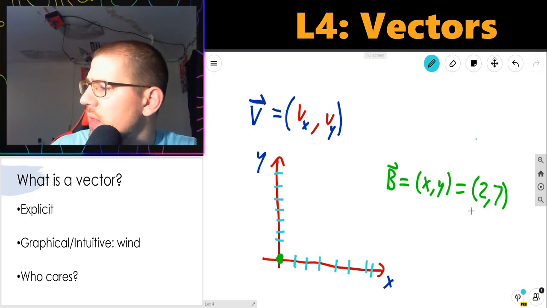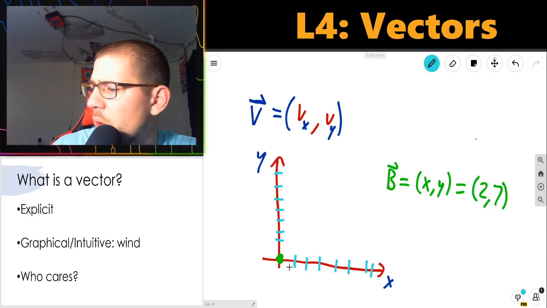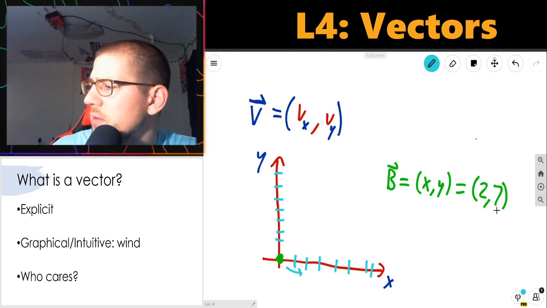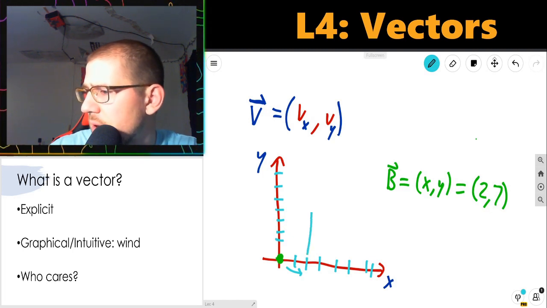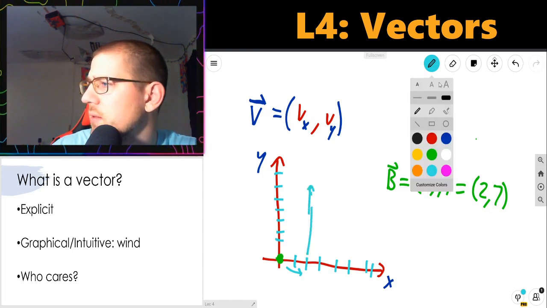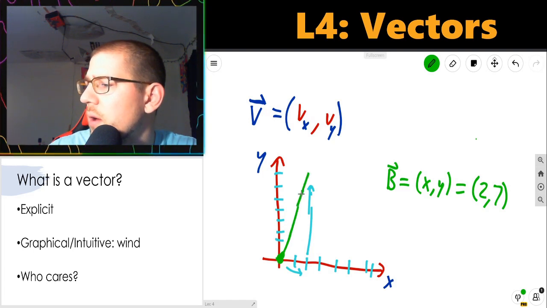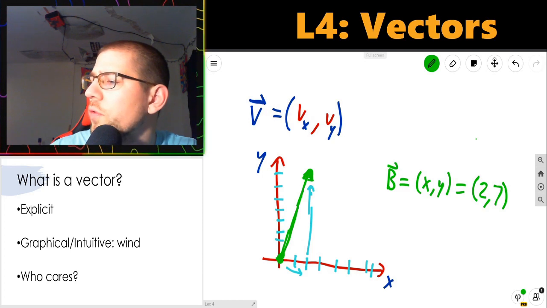The first component, 2, tells me to go over 2 on the x-axis. The second component, 7, tells me to go up 7 on the y-axis. So my vector is a pointed line that starts at 0, 0 and goes to the point 2, 7. All true vectors start at the origin.